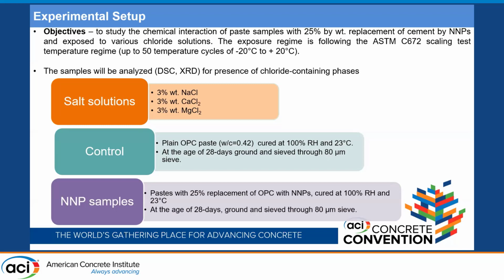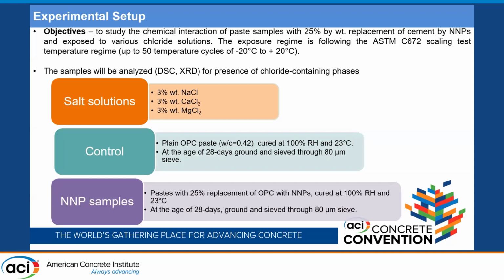Those paste samples were mixed with a water-to-solvent ratio of 0.42. They were all cured at 100% RH in a moist room at ambient temperature. After 28 days, they were all taken out from the moist room, and hydration stoppage was conducted using the solvent exchange method.